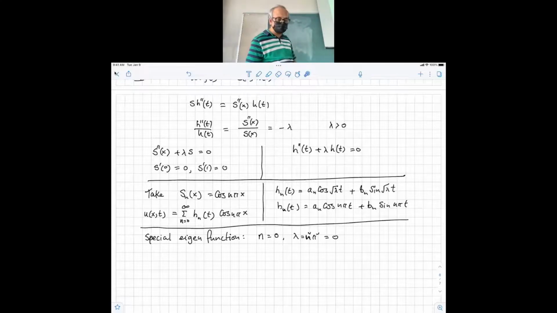Without doing the calculation, if you look at this boundary value problem, the solution will be cos of square root of lambda x, and then you have to satisfy the boundary condition. Square root of lambda will be n pi, right? Yes, square root of lambda will be n pi.